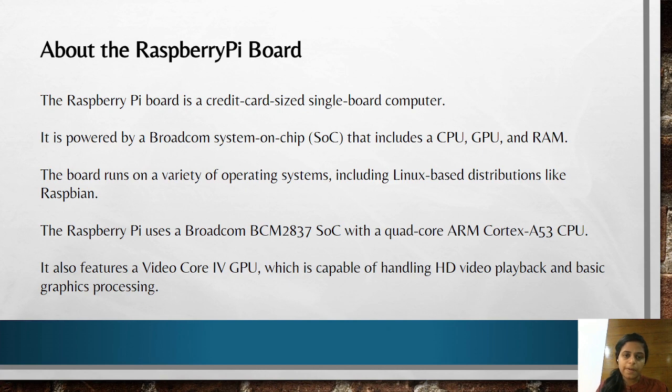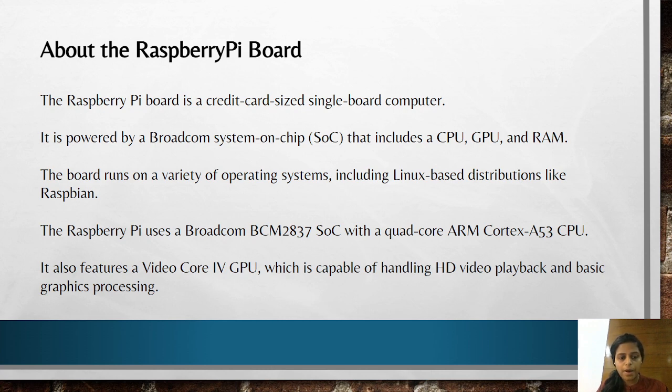About the Raspberry Pi board. The Raspberry Pi board is a credit card size single board computer as we discussed, and it is powered by a Broadcom system on chip, that is SoC, which includes a CPU, GPU, and RAM. The board runs on a variety of operating systems, including Linux-based distributions like Raspbian.